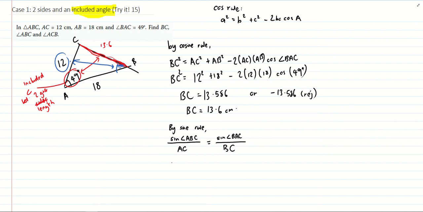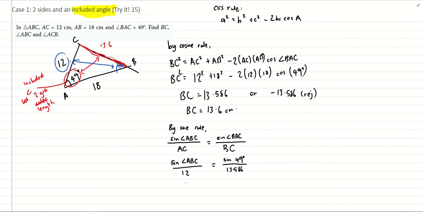So bringing over, I have sine angle ABC over AC, which is 12, equals sine angle BAC, which is sine 49 degrees, over BC, which is 13.586.